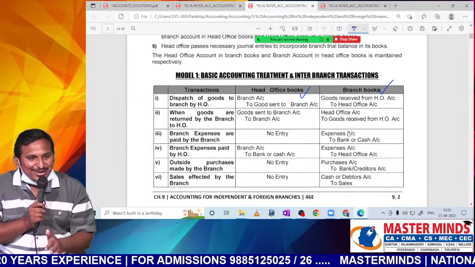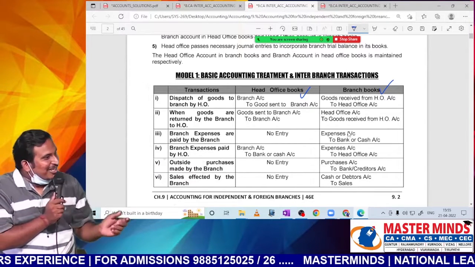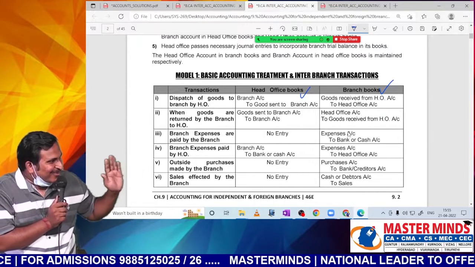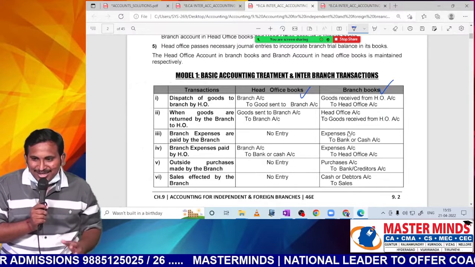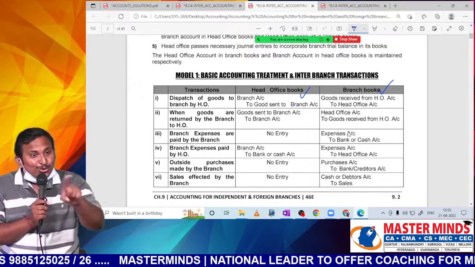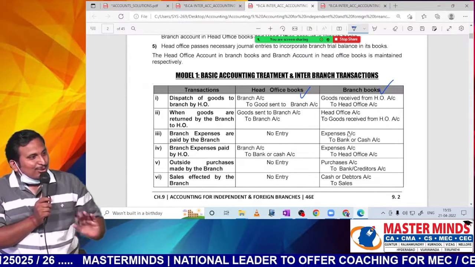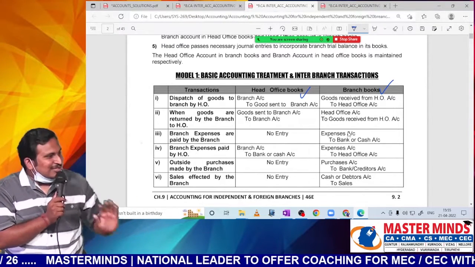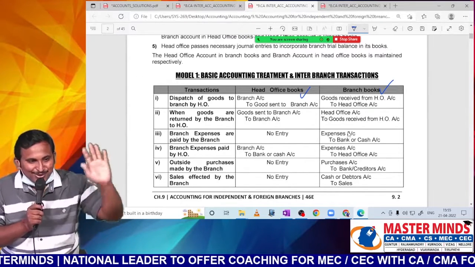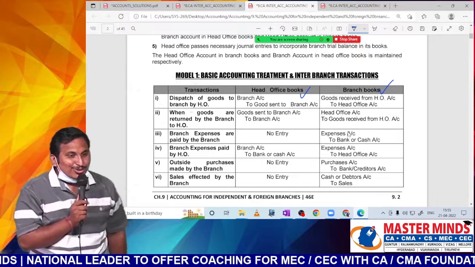Suppose you are recording in head office books and you have debited bank, the credit should be branch. No big thinking is required. Logically, this is a simple way to answer any journal entry, because one aspect you can usually answer: cash, bank, expenses or depreciation. The aspect you don't know, simply transfer to head office or branch, depending on the books you are writing.